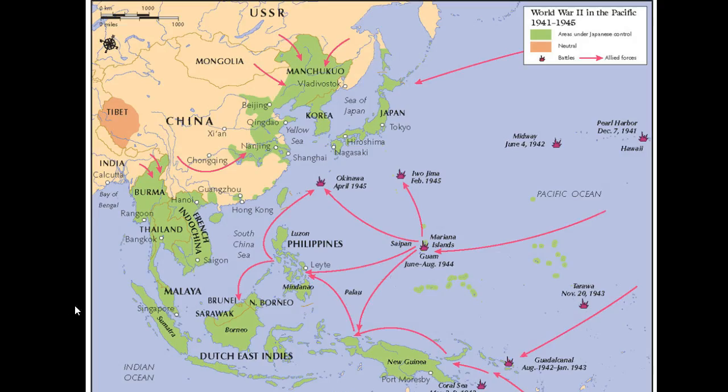And in the Pacific arena, we can see the areas in green here are the areas that the Japanese took and controlled in the course of World War II, and the pink lines are the battles by the Allied forces, which are struggling to take back these areas.